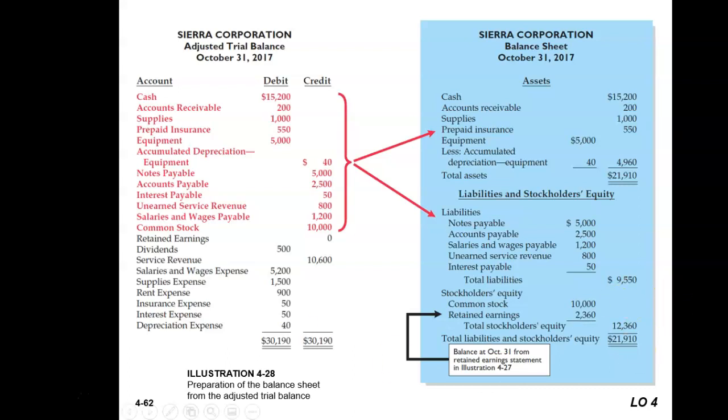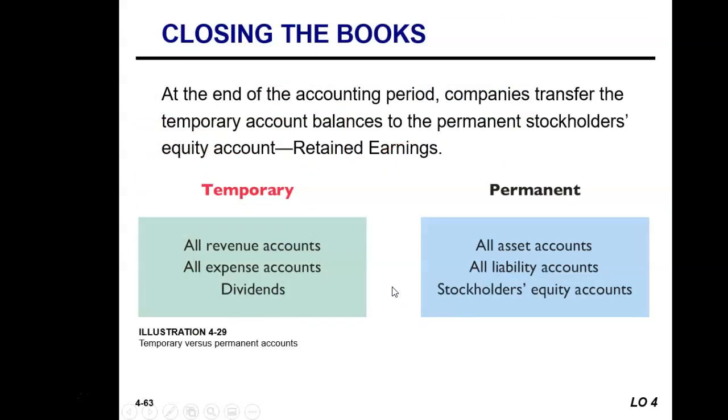Yes, it must balance. So when you add your liabilities plus your stockholders' equity, they must equal your total assets, and they do. Both sides total $21,910.